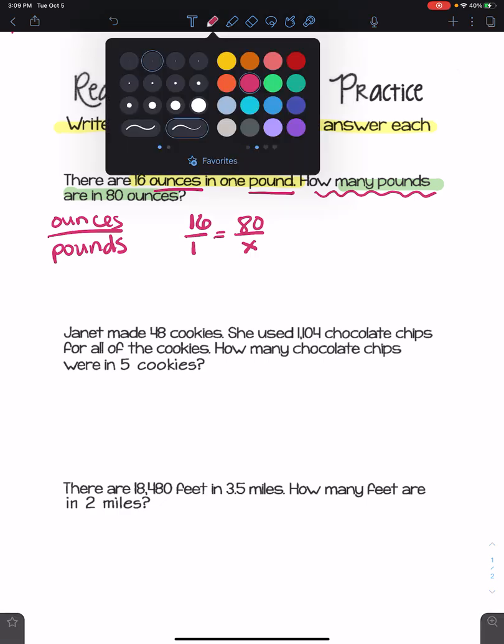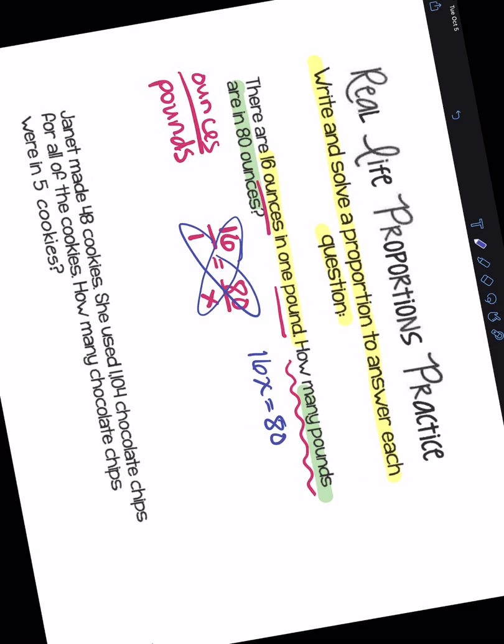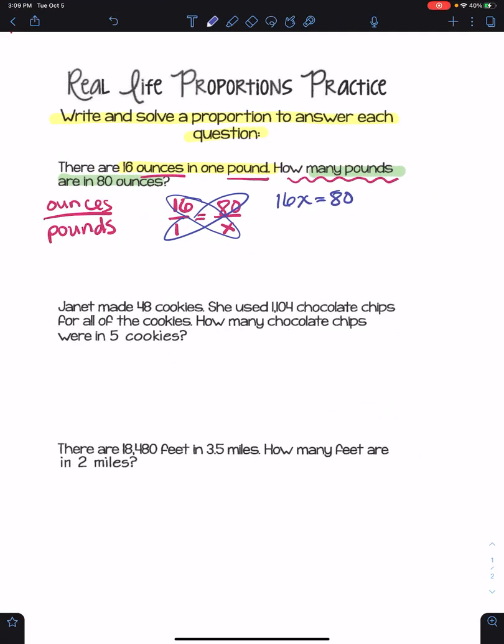So now you know how to solve this because we've just learned how to solve proportions. We're going to do some cross products here. I'll do 16 times X equals 80 times 1, which of course is just 80. All right, so now we're going to divide both sides by 16. You are allowed to use your calculator as long as you're showing your work. So this is how I show my work.